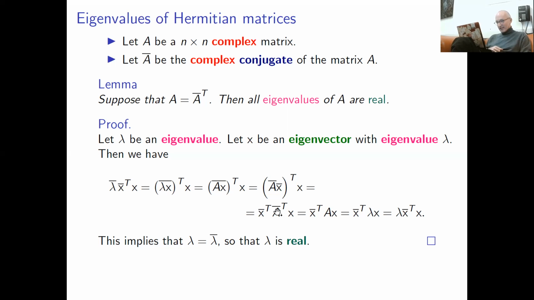I first multiply these two and then multiply by X. One of the properties of transposes is that the transpose of a product is the product of the transposes taken in the opposite order. So this product is A bar times X bar transpose. Again, the transpose of the product of two matrices is the product of their transposes in the opposite order. So you have this.